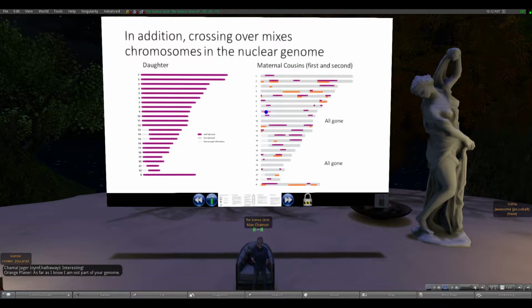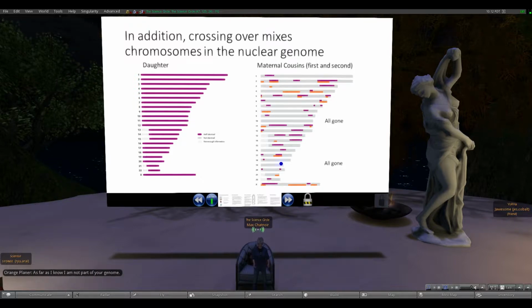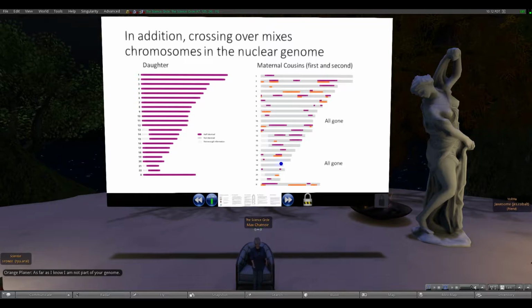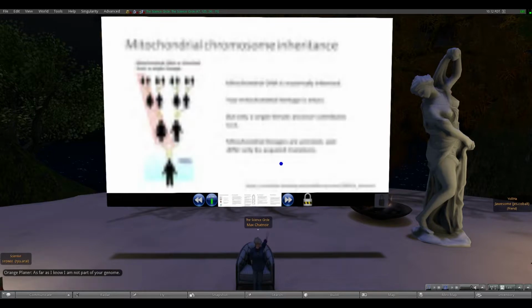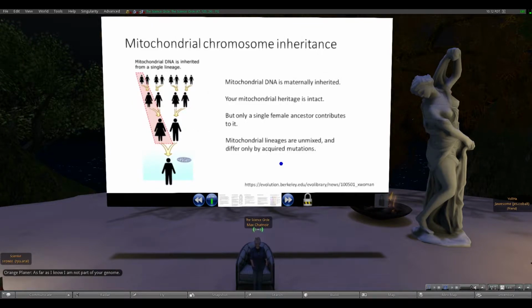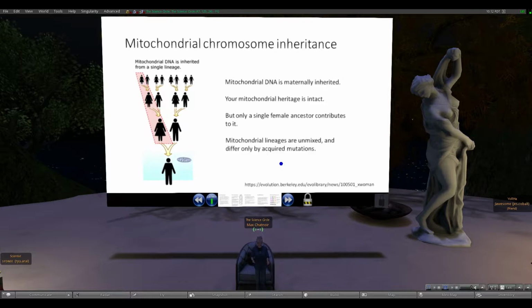In some cases, like this chromosome here, we have nothing in common, even though we're separated only by a few generations. The mitochondrial genome, on the other hand, is inherited only in the maternal line. So you have only a single lineage represented by your mitochondrial sequence.